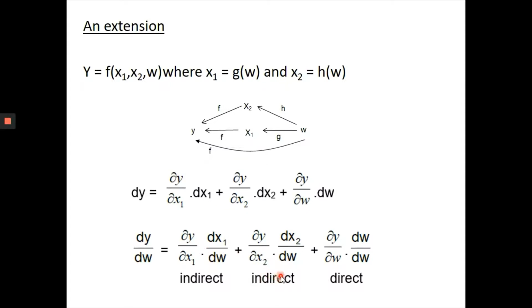The second indirect effect, where w affects y through x2. And then lastly, the direct effect of w on y. And remember, this dw over dw will cancel to 1.